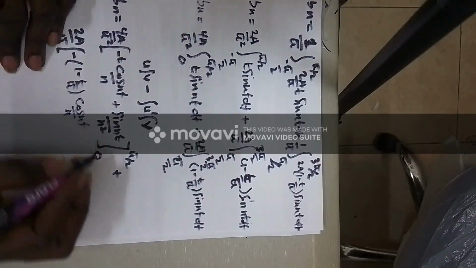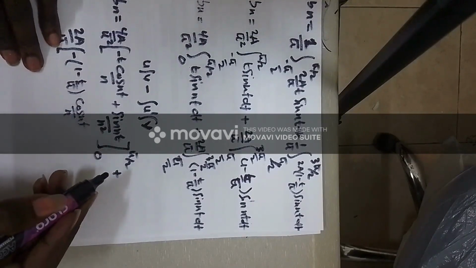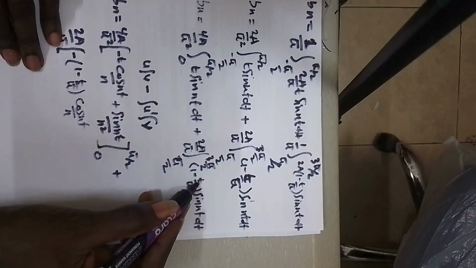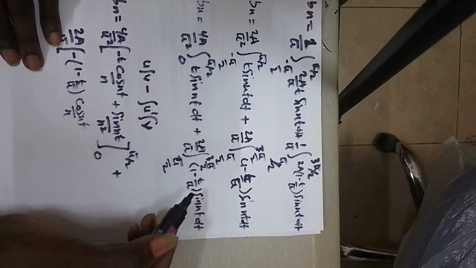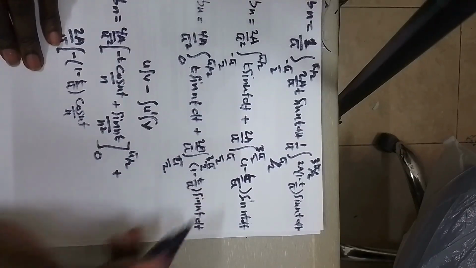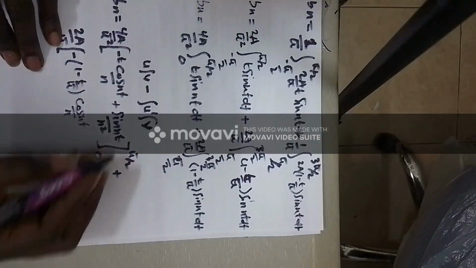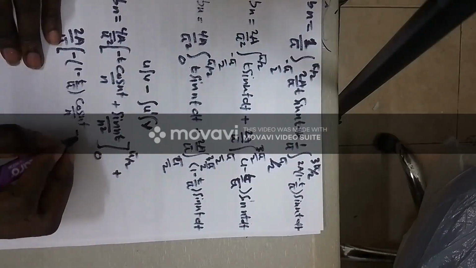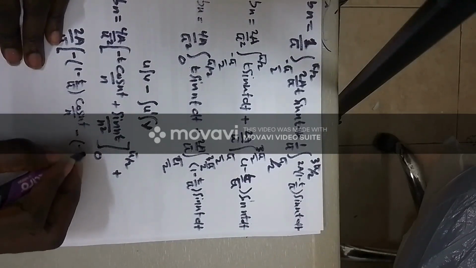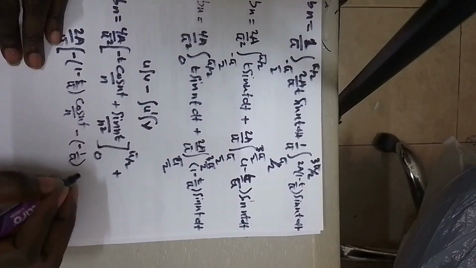Then the next aspect will be to differentiate this one. If you differentiate 1, you get 0. If you differentiate t, you get minus 1. But there's a minus here, so that minus will affect it, and I'm going to get minus 1 over pi.